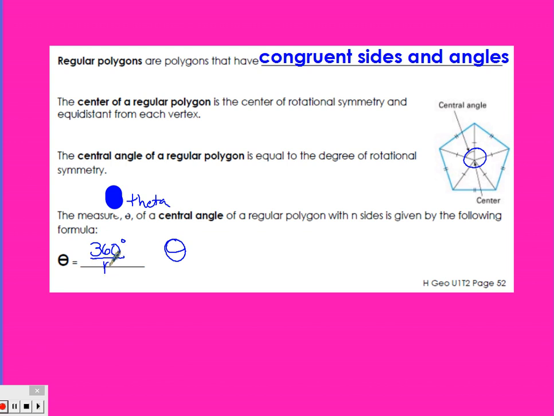By n. What's n? N is the number of sides. I have that over here. N is the number of sides, and 360 degrees divided by n is our theta measure. All right. Great. You all have it written down?